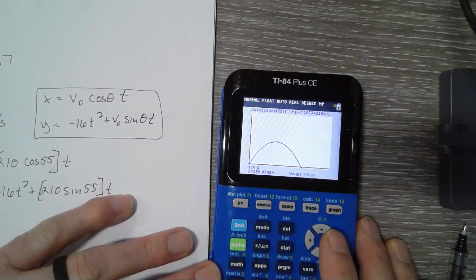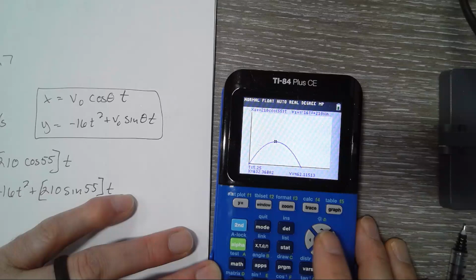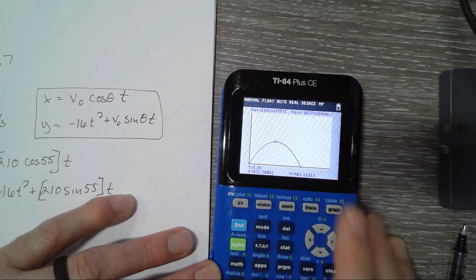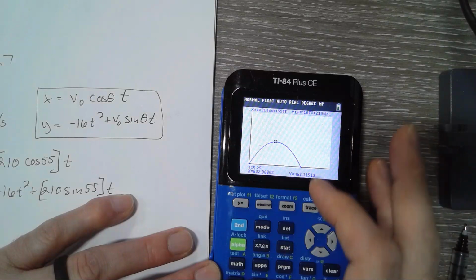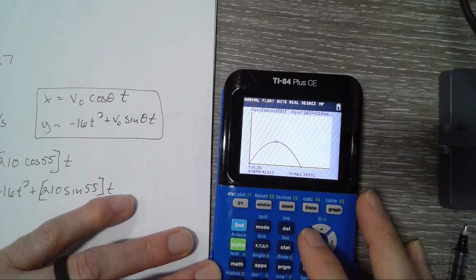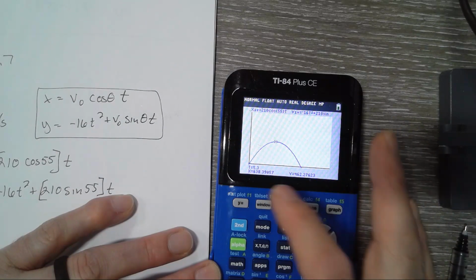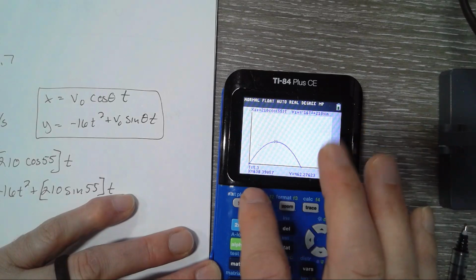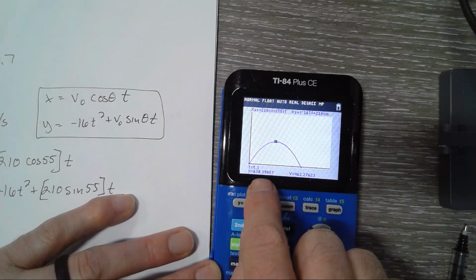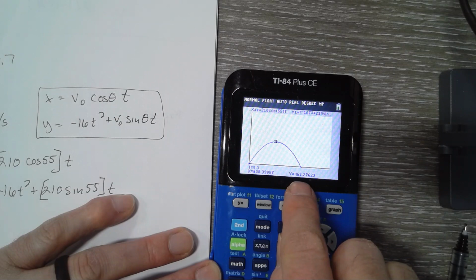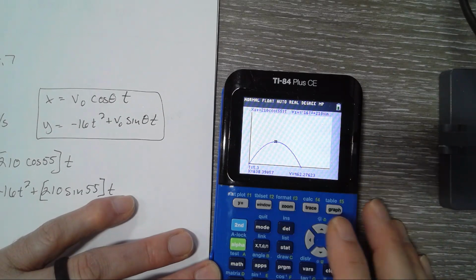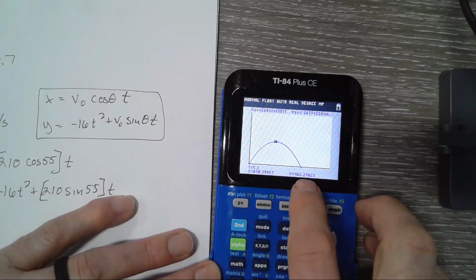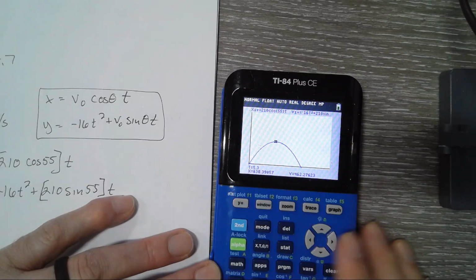Maximum height looks like it might be right around, I don't know, right there. So it looks like it takes about 5 seconds to reach. I said 5.25. It could be somewhere around 5. I'd say 5.3, whatever. Okay, so it's traveled 638 feet horizontally, and it's 462 feet above the ground when it's at the maximum height. That is the maximum height, and that happens at 5.3 seconds.